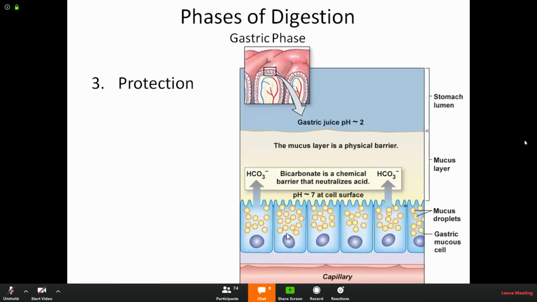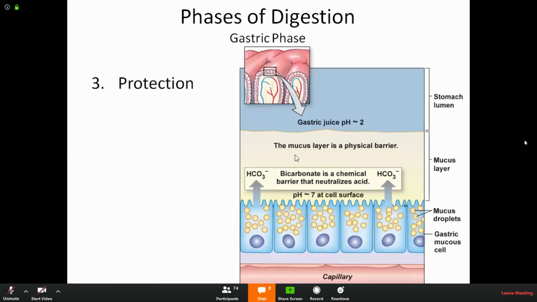But if there is some pathological condition, if some bacteria invade there, then the gastric mucosal barrier is lost.